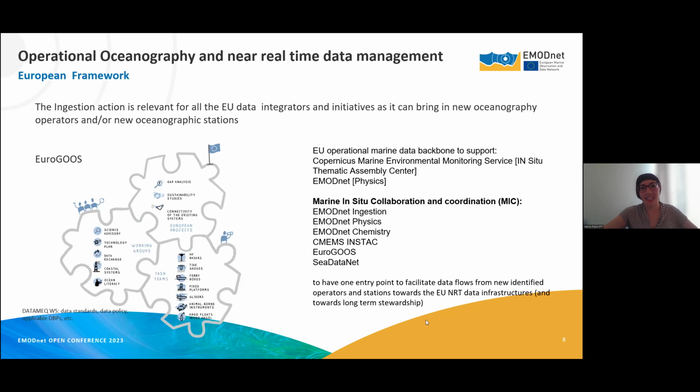These guidelines come from a bigger network, which is called the Marine In Situ Collaboration and Coordination Network, which includes not only entities coming from EMODnet like physics, chemistry, and also ingestion, but also from different other entities that operate either on European and international level, such as Copernicus, EuroGOOS, DataCNet.